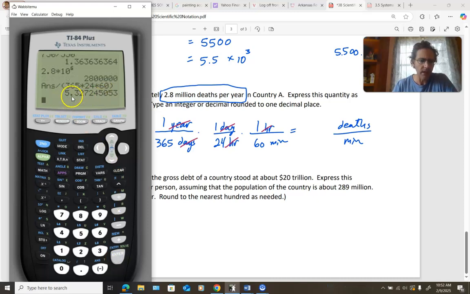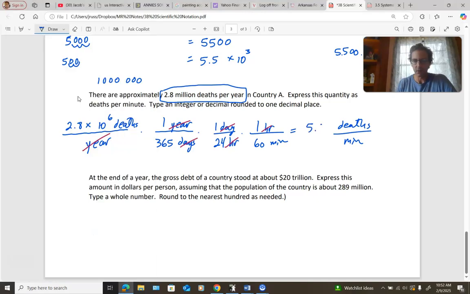And we end up getting 5 point, let's see, this said round it to 1 decimal place. So 1 decimal place, there's a 2 behind the 3, so we don't round up, we keep it the same. So this ends up becoming 5.3. So 5.3 deaths per minute. This is interesting, guys.